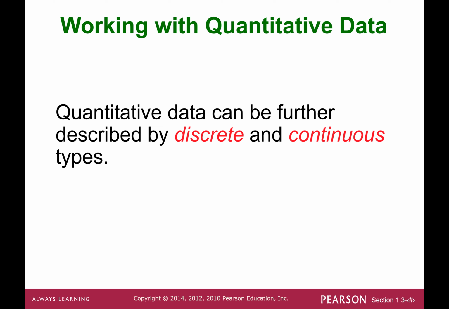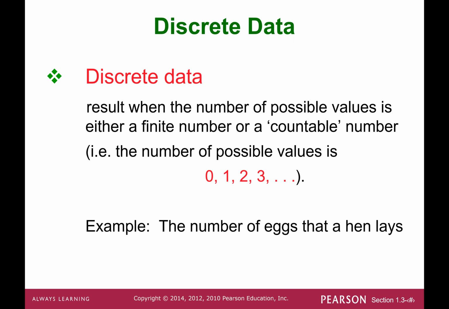And then quantitative data could be further described as discrete data or continuous data. Discrete data is typically numerical, where the possible values are either a finite number or a countable number. So the simple language to describe discrete data would be finite, countable, numerical data.